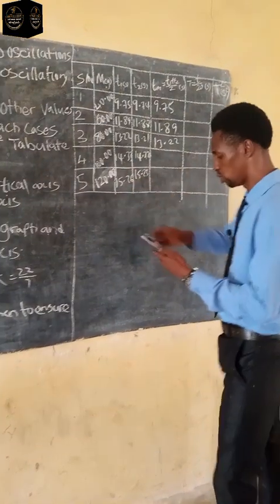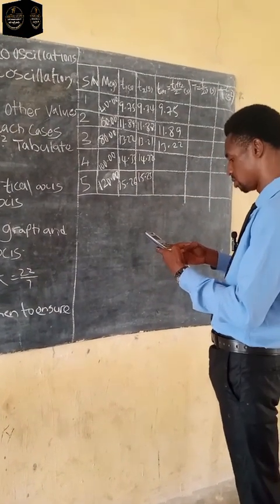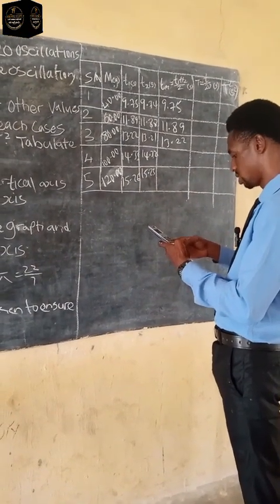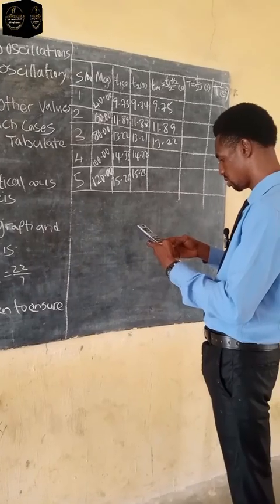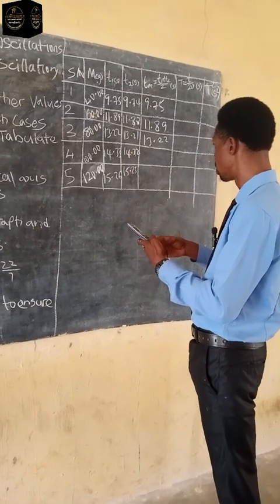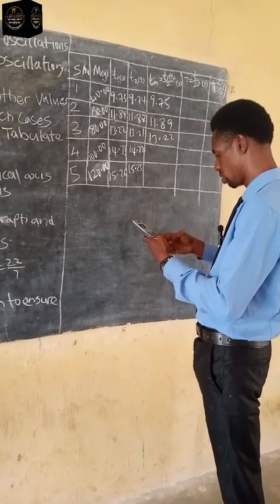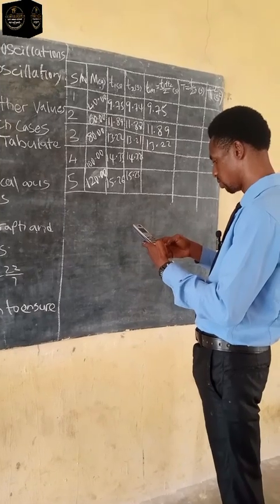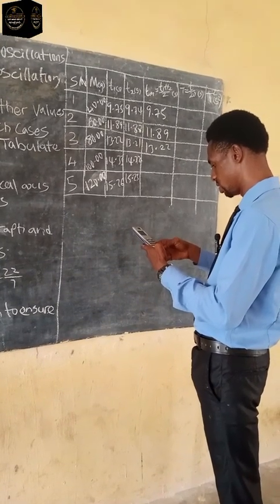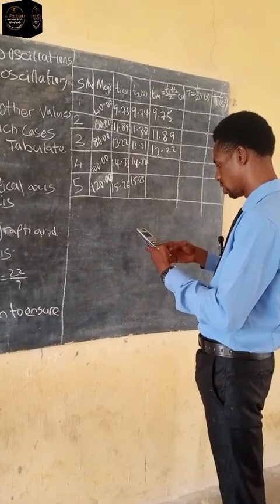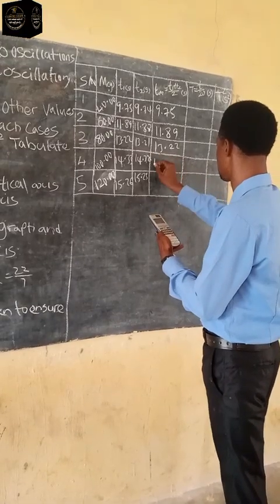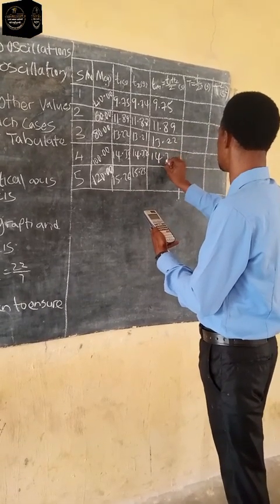I'll do for this one also, that is 14.33 plus 14.32, equal to this divided by 2, and that gives me 14.32.